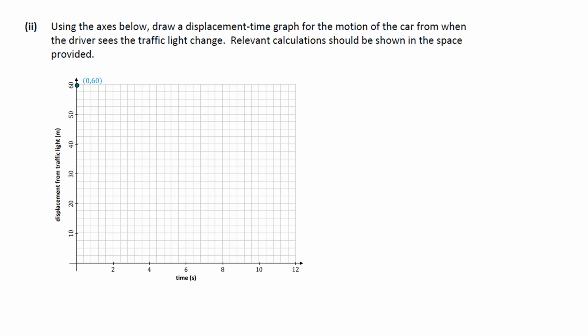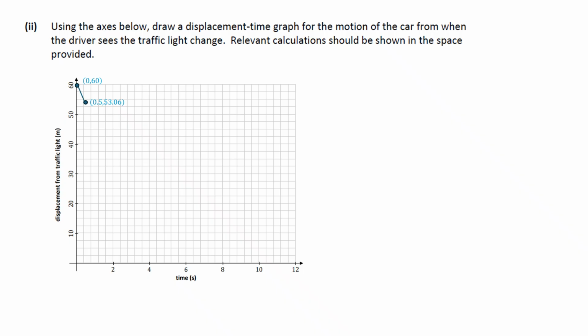When we did that calculation, they traveled 6.94 meters, but when we plot this on the displacement axis, the y axis, we're plotting the displacement left to the traffic light. So here is going to be our 0.5, half a second, and 53.06. And we have a lovely straight line connecting it.